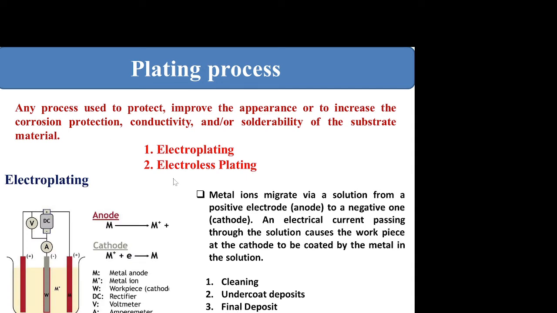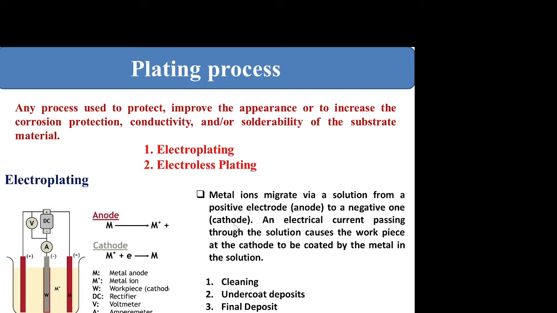First, we see what is electroplating. In electroplating, the metal ions migrate via solution from positive electrode to negative electrode called cathode. Here the workpiece must be maintained at negative potential, whereas the metal to be coated has to be placed as positive electrode.